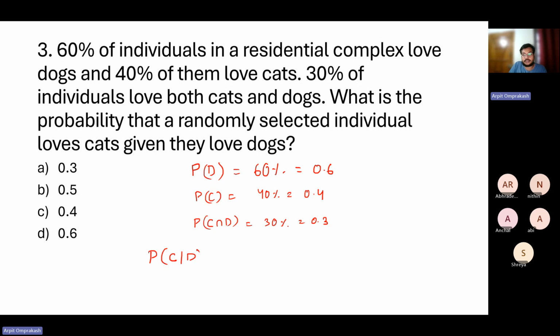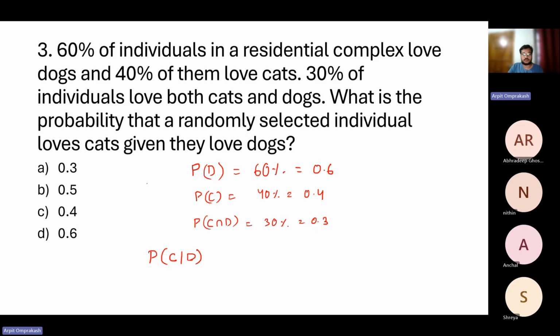So this is basically the way in which we write down conditional probability. So the probability that event A happens given that event B has already happened. And this is basically given as the probability of both events happening divided by the probability of the second event happening.